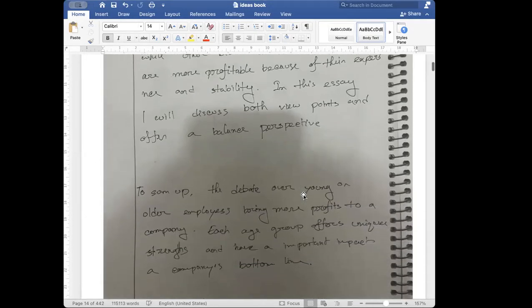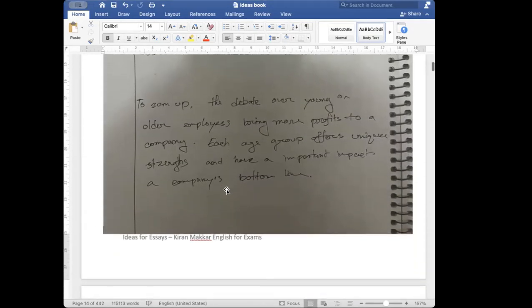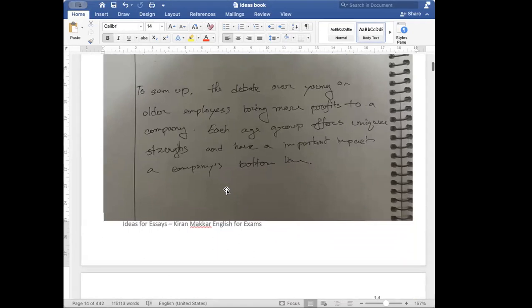All right. To sum up, the debate over young or old employees brings more profit. Whether young or older employees bring more profits to a company, this is an incomplete sentence. To sum up, every age group offers unique strengths and has an important impact on the company's progress.